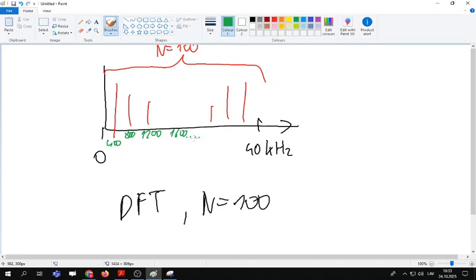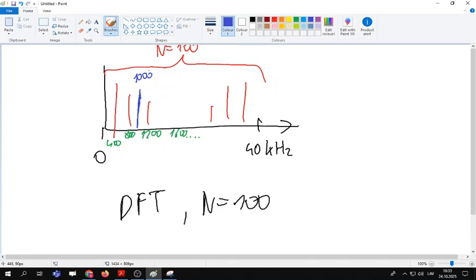Now everything will be good if your signal actually has those frequency components. But what if the frequency component your signal has is actually 1000, which is not going to hit any of those points because you do not have enough resolution. That's exactly the resolution here, yes? You do not have enough samples. You need more samples to be able to find it more accurately, yes?